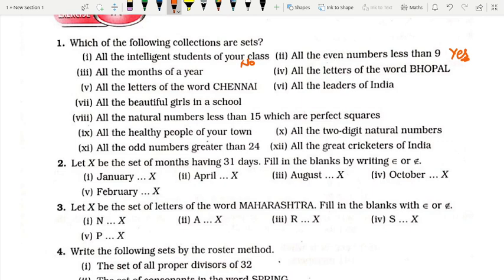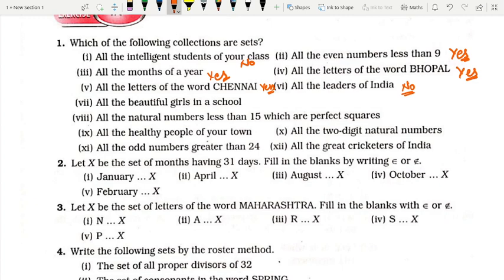All the months of a year, yes, it is a set. All the letters of Bhopal, yes, it is a set. All the letters of the word Chennai, yes. All the leaders of India, no, we cannot say. It is not well defined, because suppose I say to you that I am the leader of India. How can you say?